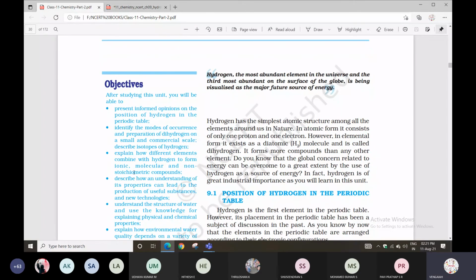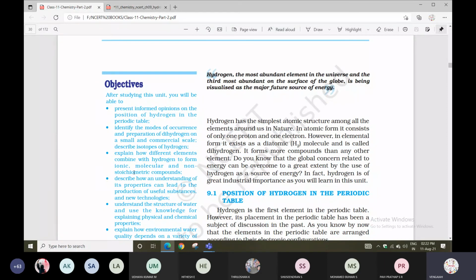Next one is explain how different elements combine with hydrogen to form ionic, molecular, and non-stoichiometric compounds. Hydrides will be there. They classified hydrides into three types: ionic, covalent, metallic.